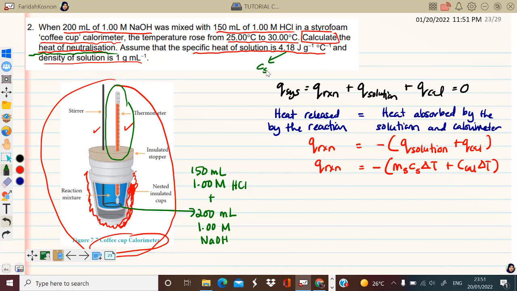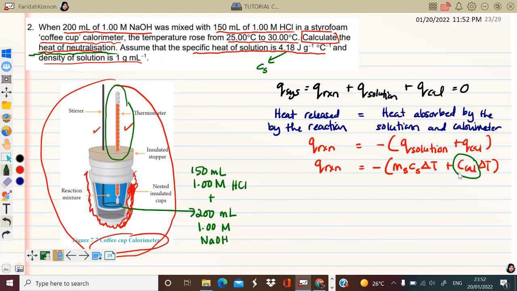Delta T tak ada masalah, kita boleh cari. Yang kita tak ada kat sini adalah heat capacity of the calorimeter. So when the value of heat capacity of the calorimeter is not mentioned, maksudnya the heat loss from the reaction to the calorimeter, maksudnya sepatutnya heat daripada reaction tu akan release. So release bagaimana? Dia akan absorb by calorimeter kan?